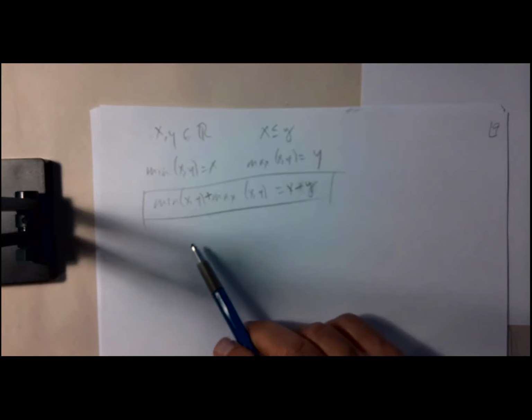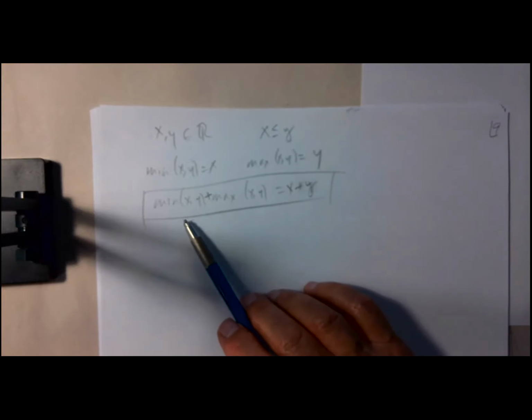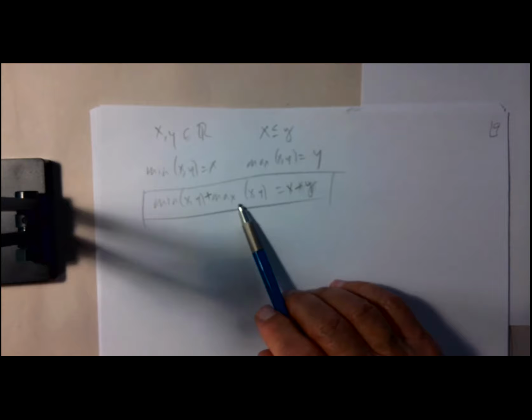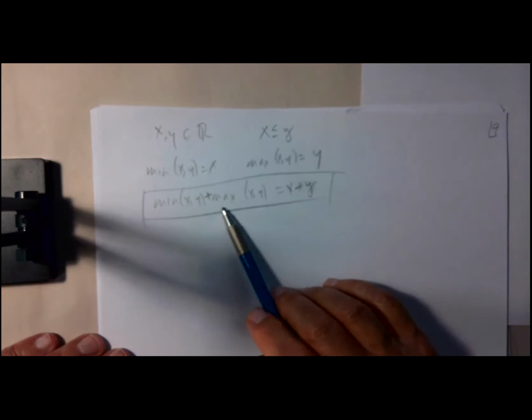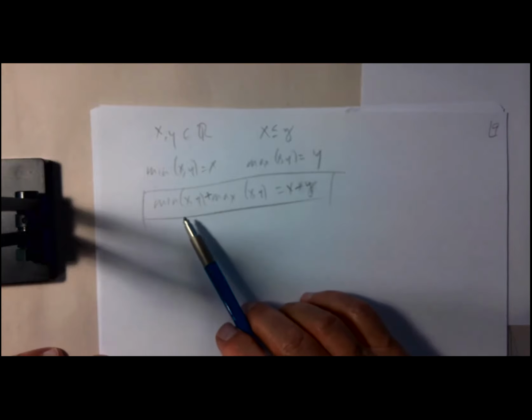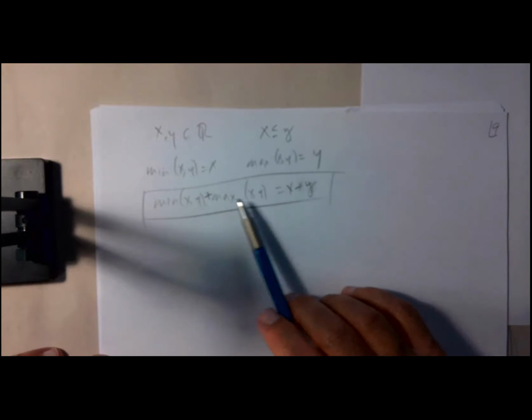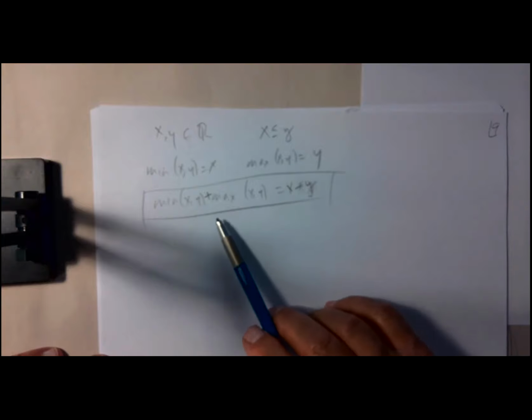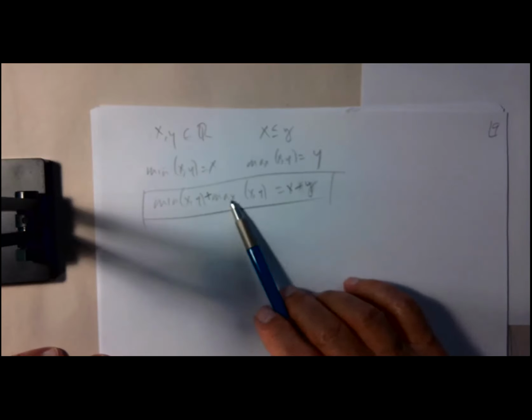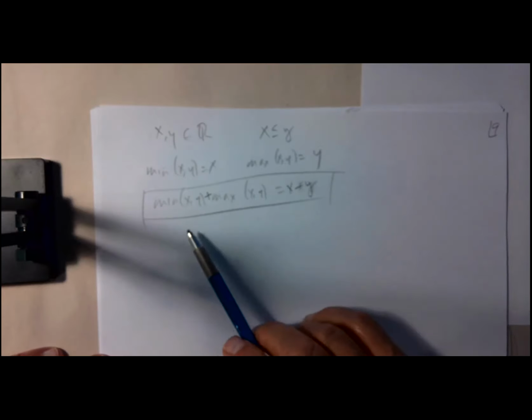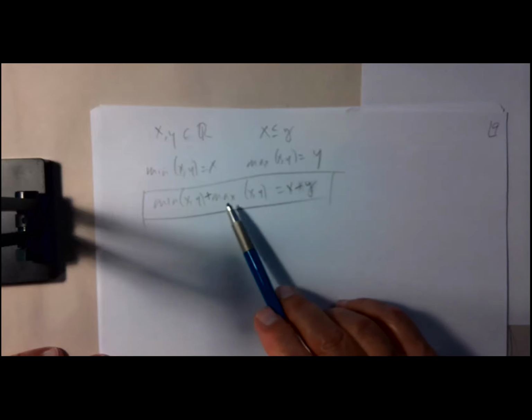Right? If I have 2 numbers, one of them is smaller and one of them is larger, so the sum is the sum of the 2 numbers. If the 2 numbers are equal, this is just X plus X equals X plus X. But if X is less than Y, this is X plus Y equals X plus Y. If Y is less than X, this is Y plus X equals X plus Y. That's all true.